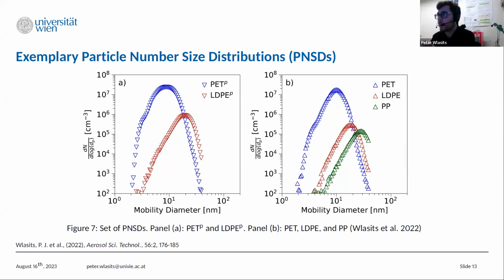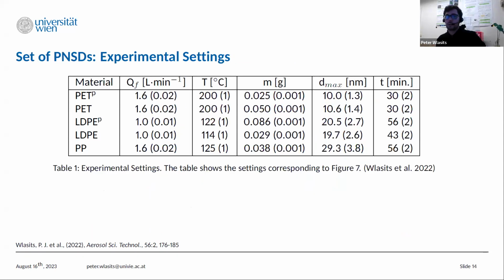In figure 7b, we see the blue curve for commodity PET and LDPE and commodity PP, as you can see, also slightly different. There are different positions of maxima, different onsets of the curves at the lower particle diameters, and also different widths.